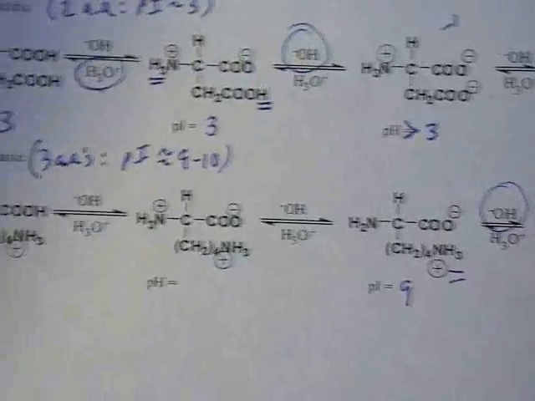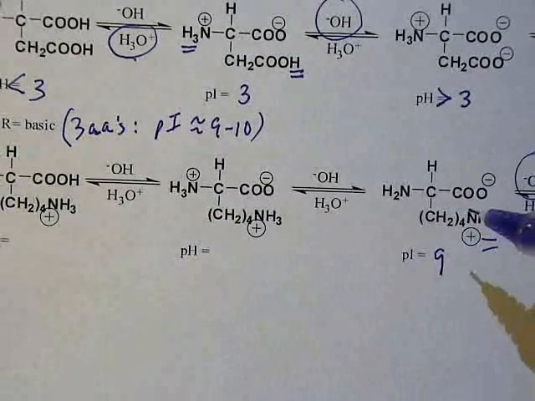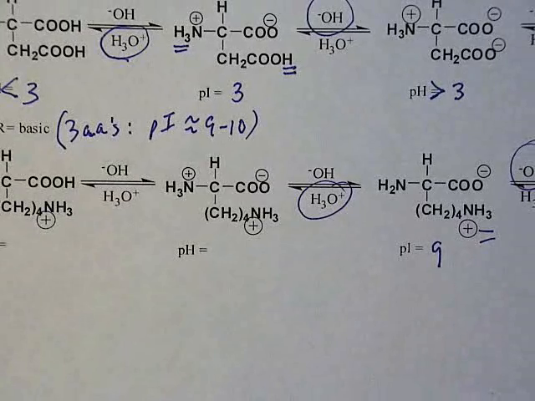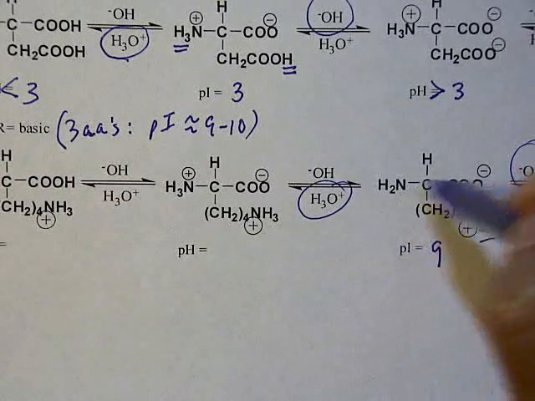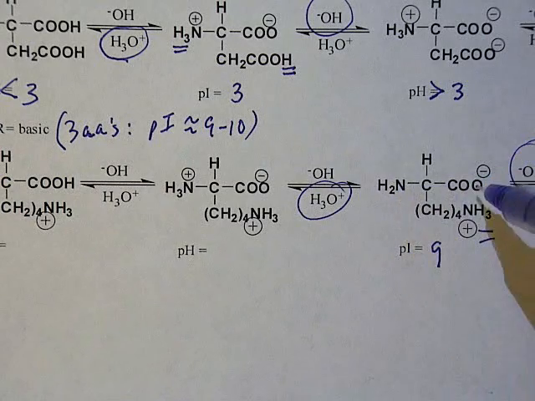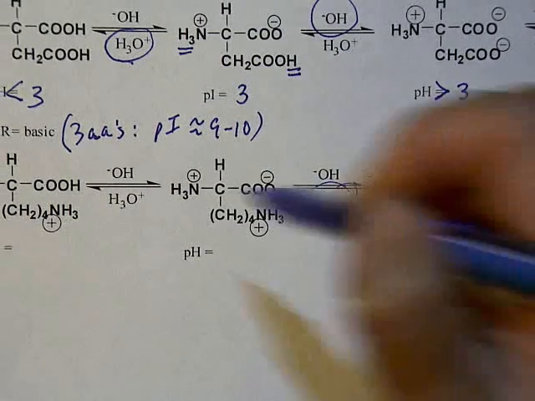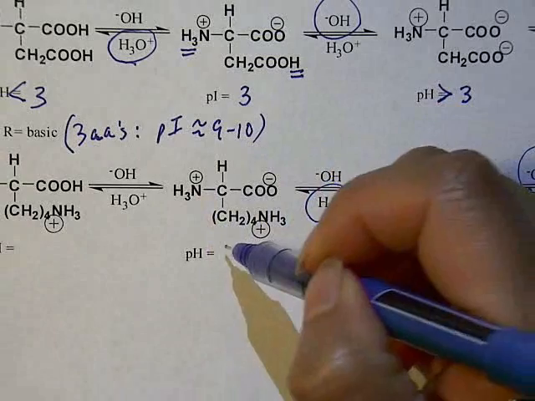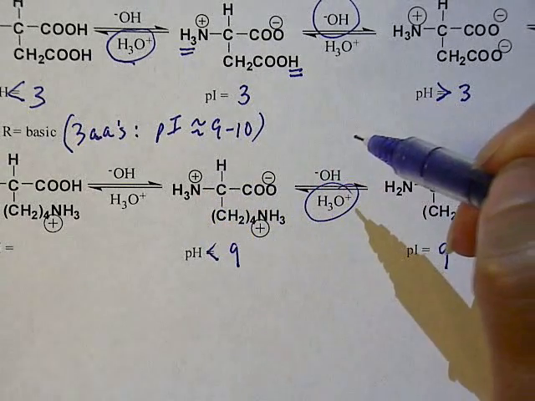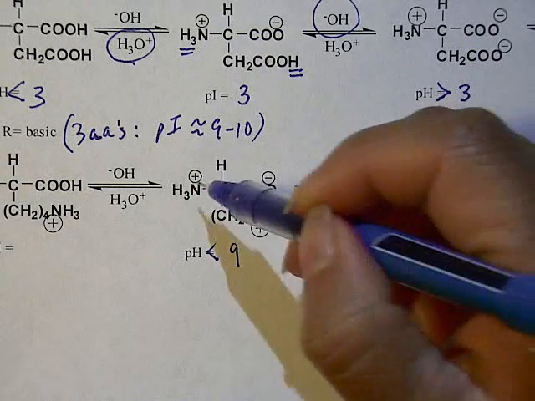But then if you went the other way and put it in a more acidic environment, then what's going to happen is it's going to get protonated. And of the 2 sites that could get protonated, obviously this is more basic than the carboxylic acid salt. So notice, at pH less than 9, it's going to be protonated over here.